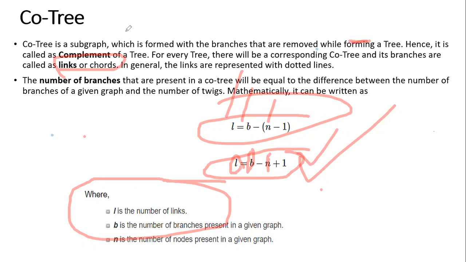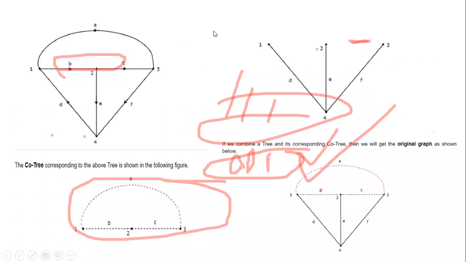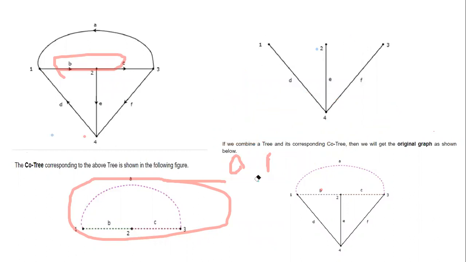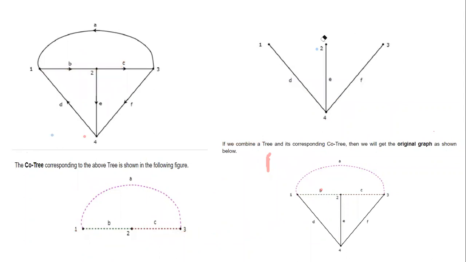So each link makes one loop, because each link will close the path. Like here you can see, if this is a tree, this is a tree which is already there.